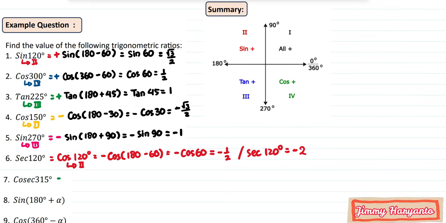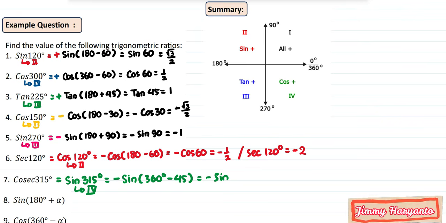Next is cosecant 315. Cosecant is the reverse of the sine. So you better find the value of the sine first. Because 315 is in the fourth quadrant. In the fourth quadrant, the cos will become positive, but the sine will become negative. For this one, we have to use 360 minus 45. It means negative sine. Ignore the 360, we have 45.